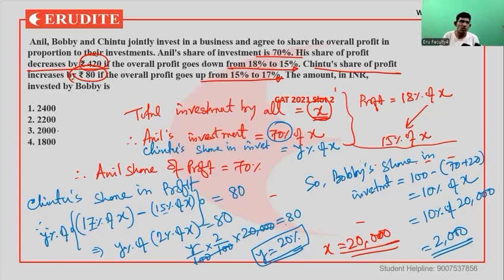So that's all. Bobby's share in investment is 2,000 only. So that's my answer, option C. You can see this question is merely a percentage calculation, nothing to do with such partnership. Partnership itself is an application of percentage. Okay, next moving on.